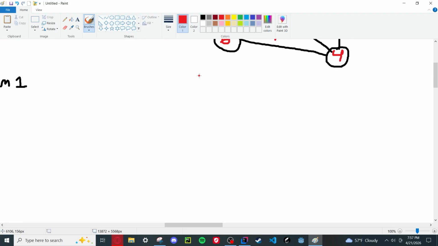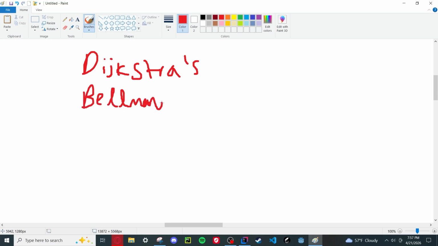Well, this is where some people came in. We have three algorithms we're going to talk about that actually solve this problem. Dijkstra's algorithm, he threw his hat in the ring here. We have Bellman, I think it's the Bellman-Ford algorithm. I just remember one half of his name, but not the whole thing.